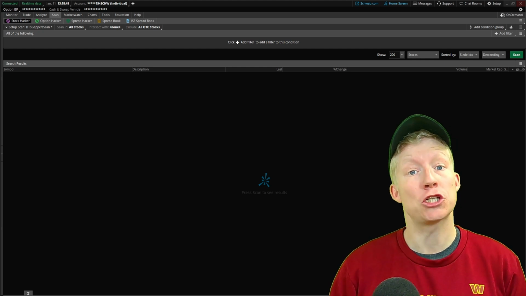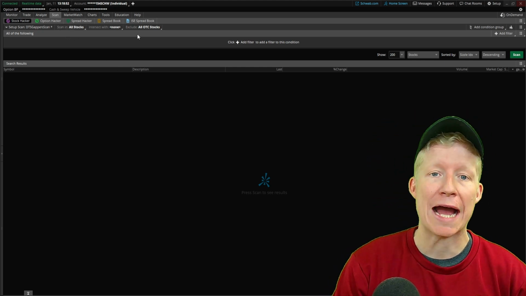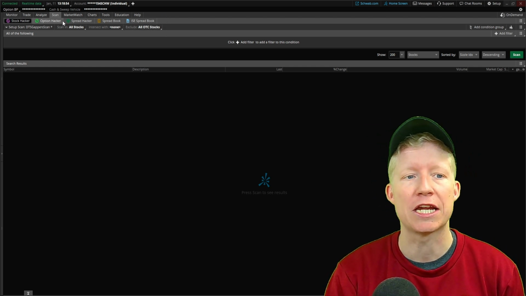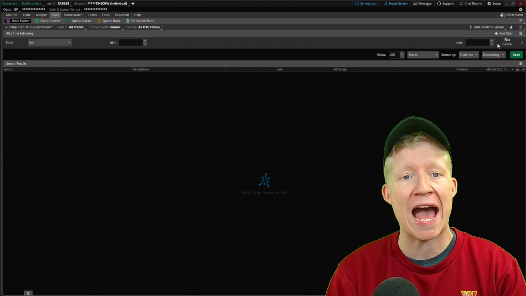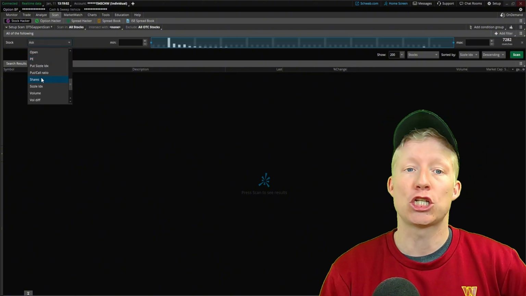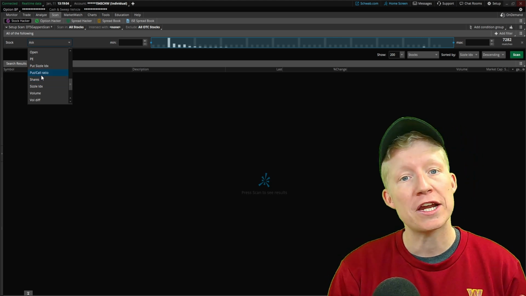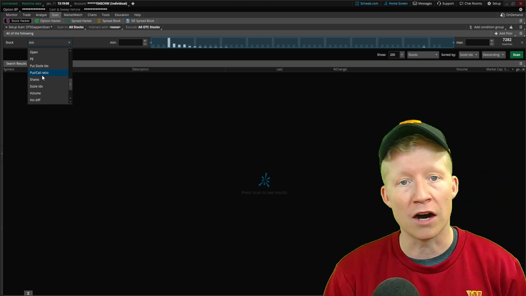The point of me showing you that on Finviz is so that now when we hop back over into our ThinkorSwim application, under our scan tab, the first filter we're going to add is a stock filter, and it's going to be shares. Unfortunately, ThinkorSwim doesn't provide you with the float data of a ticker.